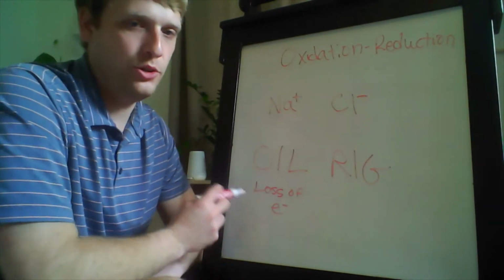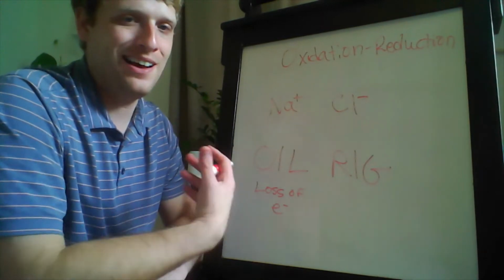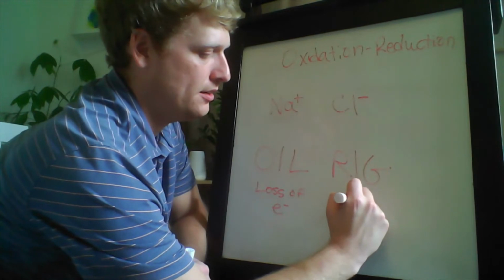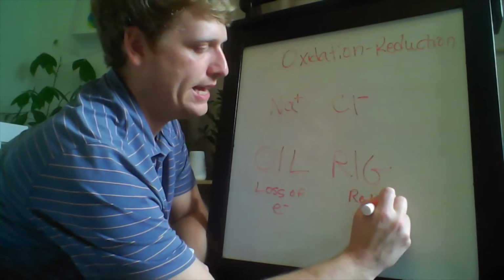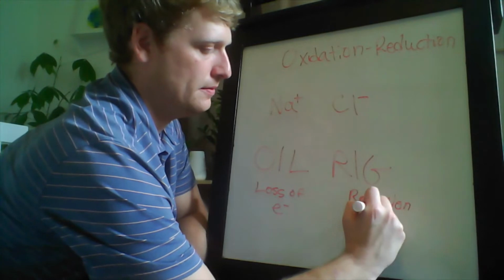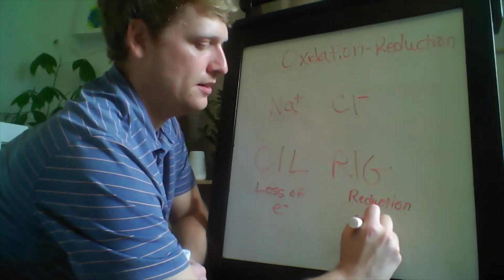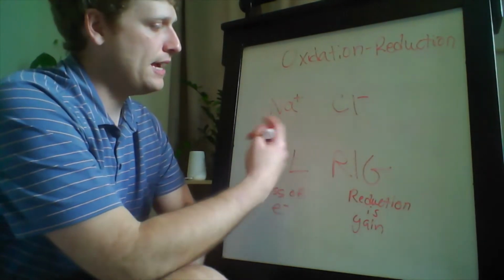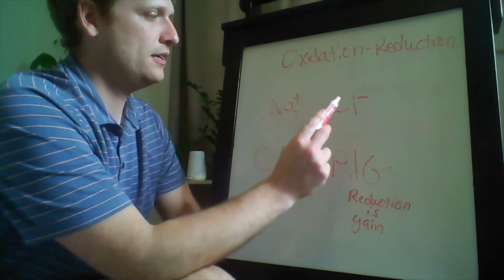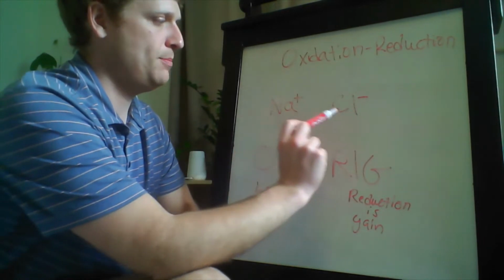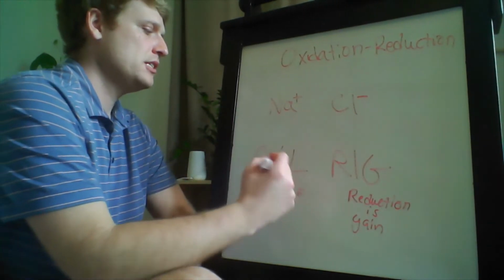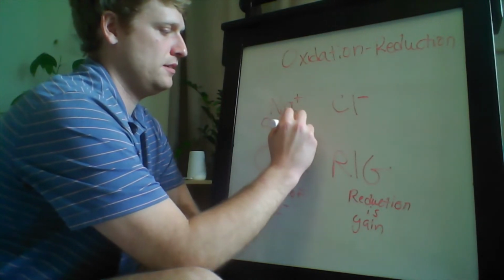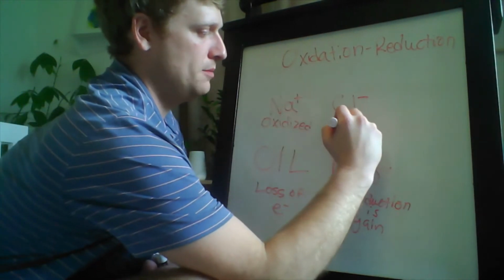So whatever is losing an electron is going to be oxidized. And reduction is gain. So whatever is gaining the electron is being reduced. So in this case, where you have sodium losing an electron, it's being transferred to chlorine. Sodium is being oxidized and chlorine is being reduced.